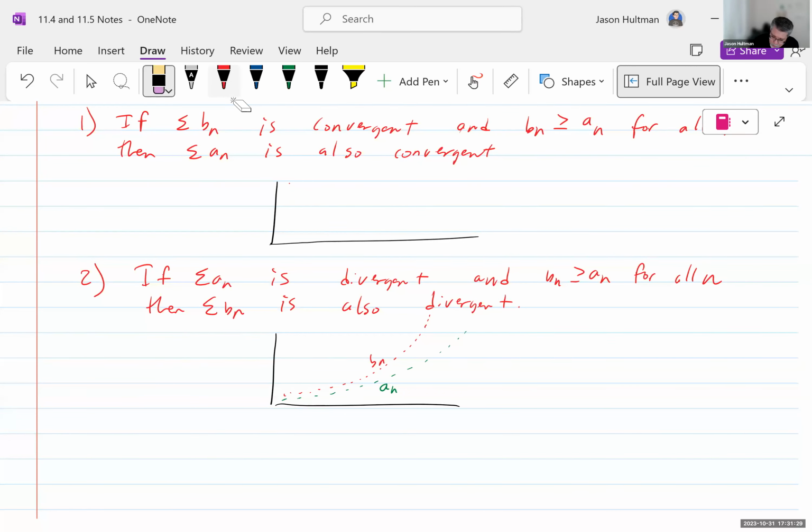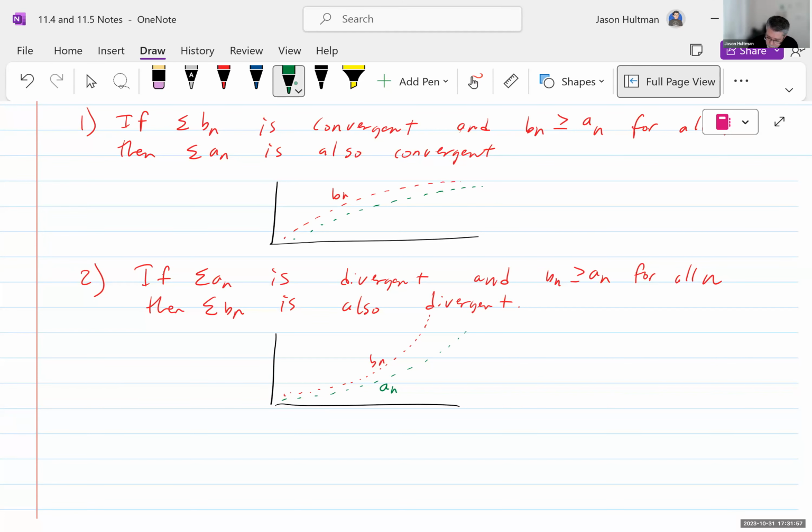Okay, because if it converges, it's going to converge to a limit, and it said that these terms were positive. So what I'm going to have it do is say, look, if b sub n converges, then a sub n, which is always less than b sub n, also converges.